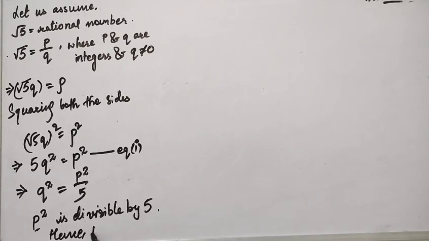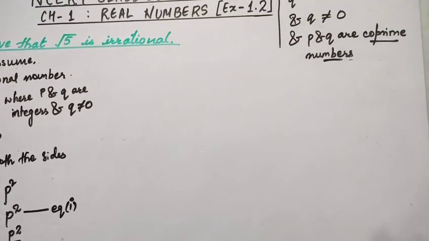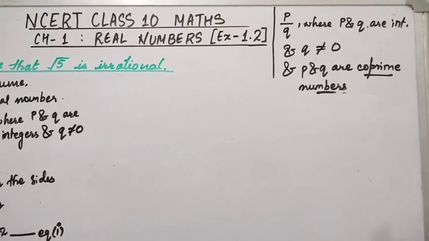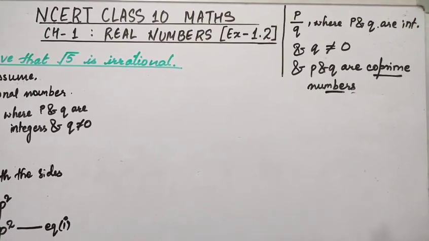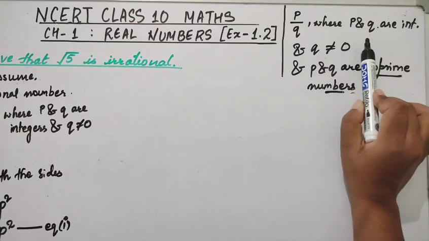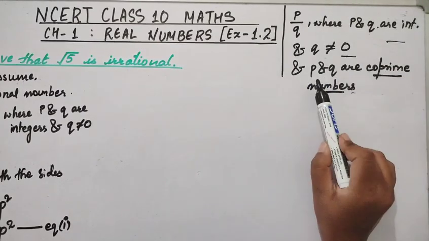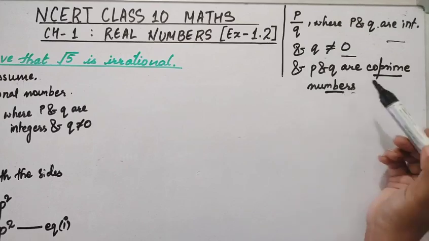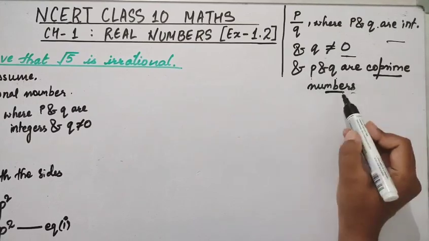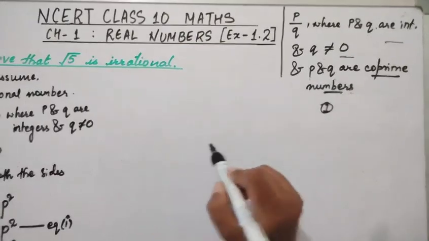Hence, p is divisible by 5. Over here, let's go back to what we have discussed regarding p and q. p and q are integers, q is not equal to 0, and p and q are co-prime numbers, that is, p and q should only be divisible by 1.